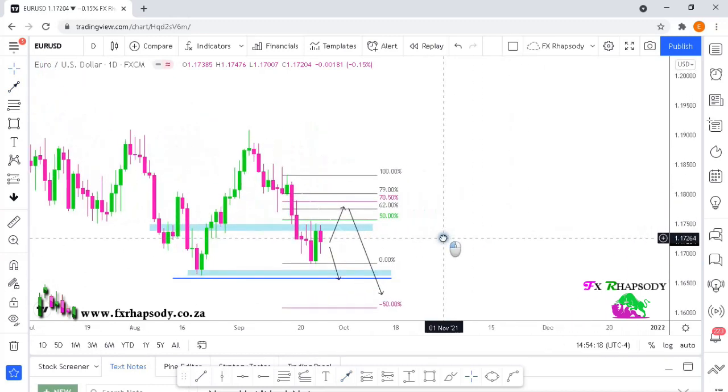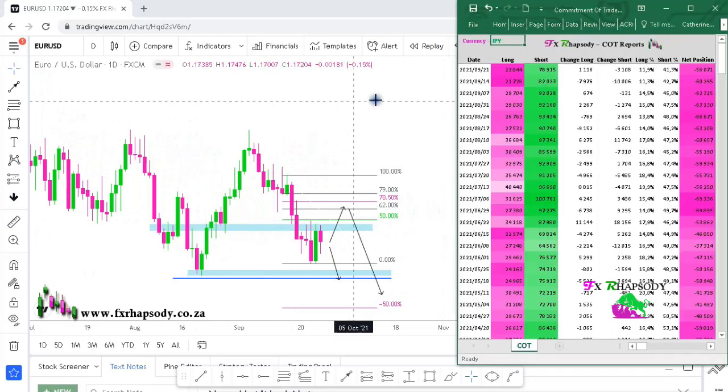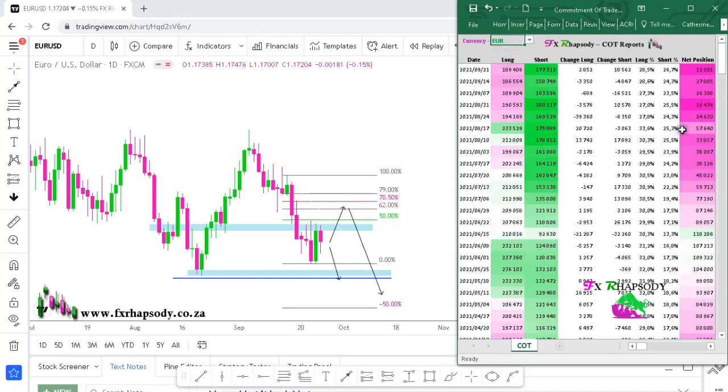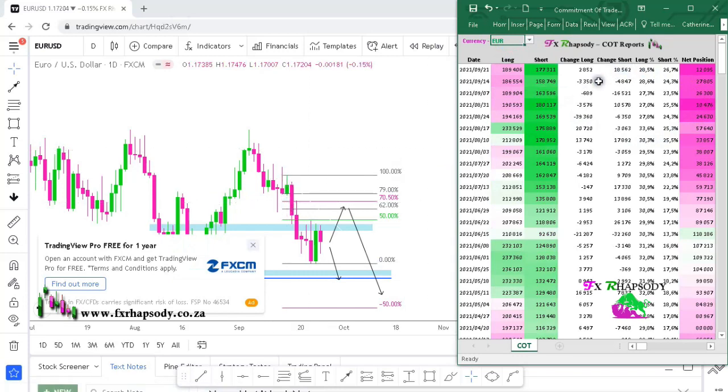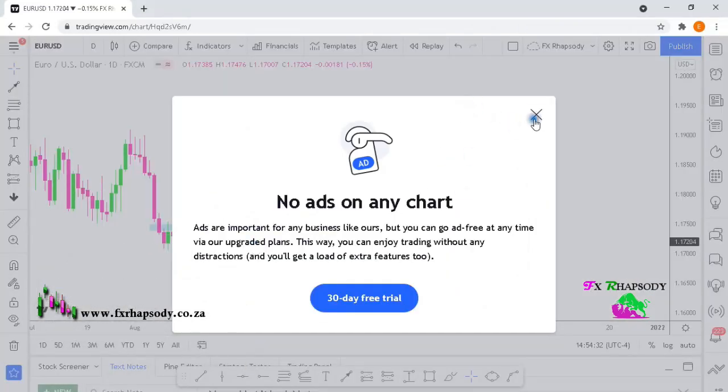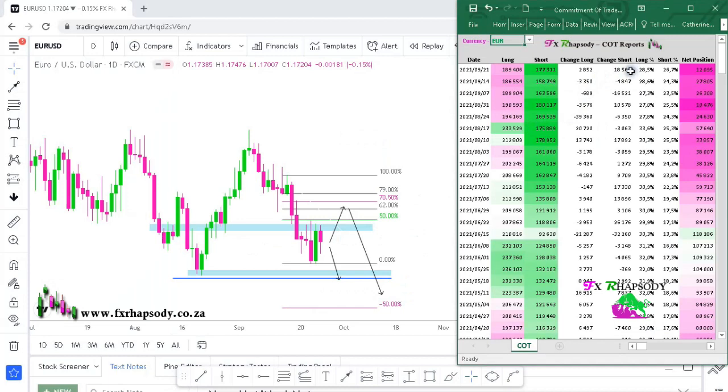If we go to our CFTC reports, what we find in the euro is that there's definitely a lot more shorts that have been placed in the market. So you can see that the euro went from 57,000 net positions, and it's moved gradually all the way down to 12,000.